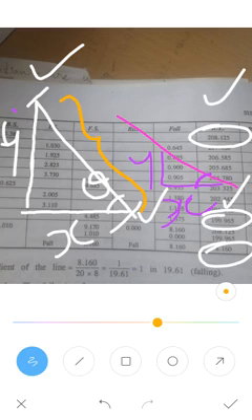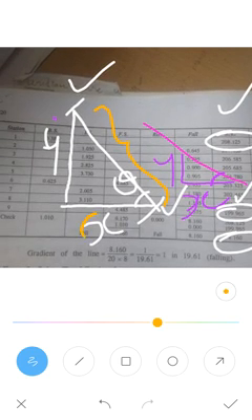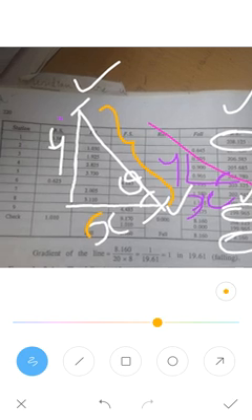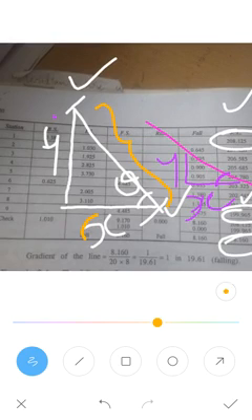The x value, I don't know the exact x value, but I know the y values.